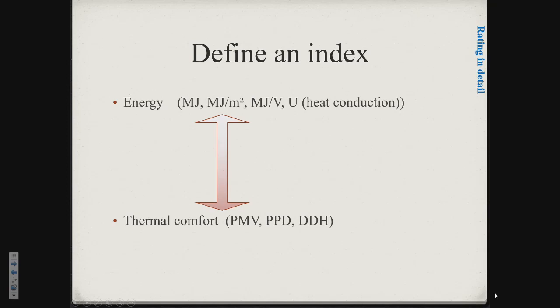That means we run the simulation and we see how long the indoor environmental temperature in the defined zones is out of the thermal comfort. We compute all these hours and we call it discomfort degree hours. So there should be a relationship between degree discomfort hours and energy consumption, because when the temperature goes out of the thermal comfort, the air conditioning turns on automatically in the simulation program.